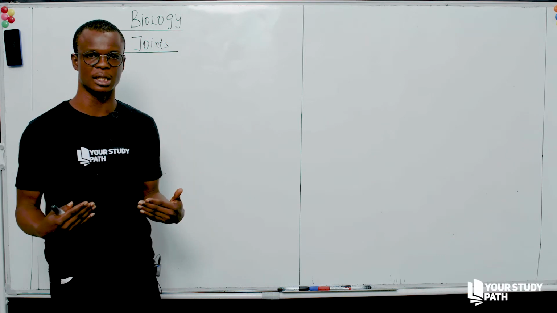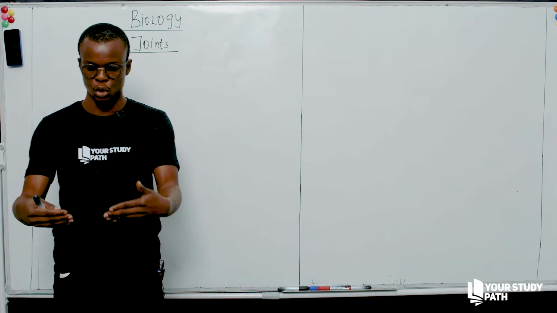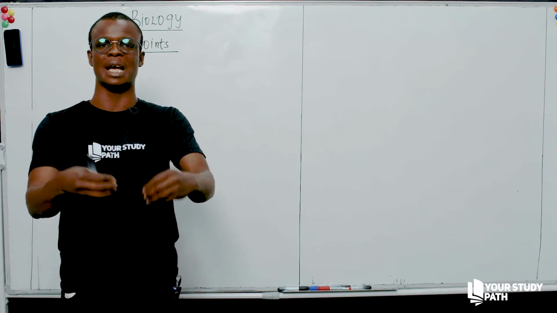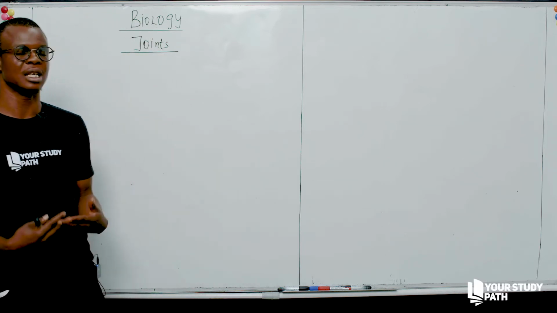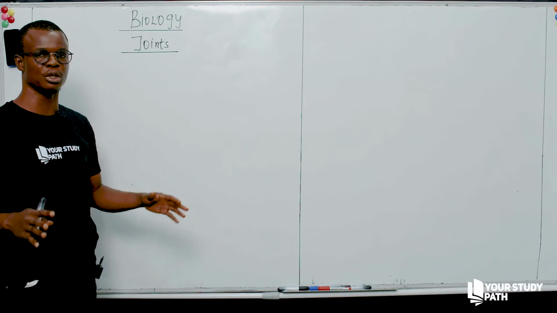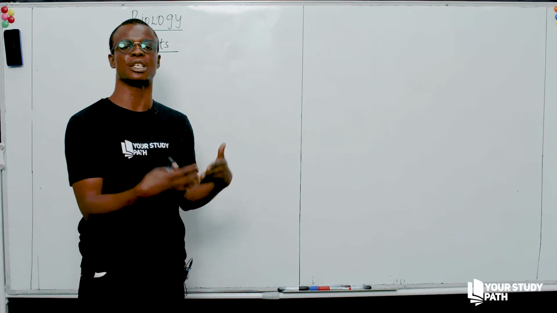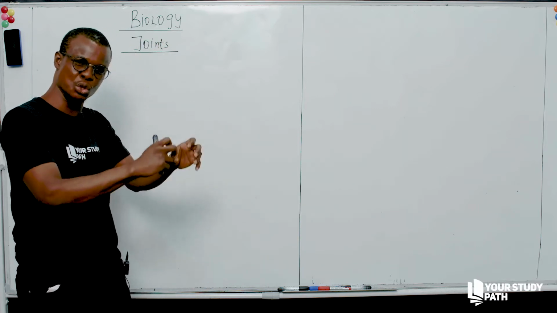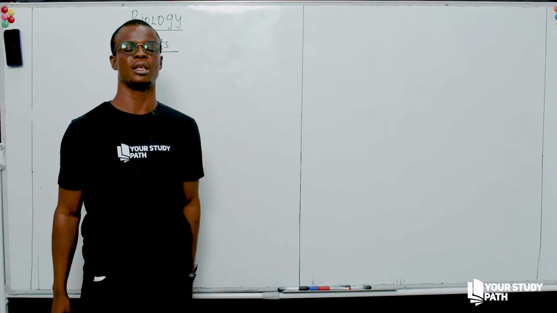Any part of the body, in an animal or a human, where two bones are attached together is called a joint, regardless of where the place is.